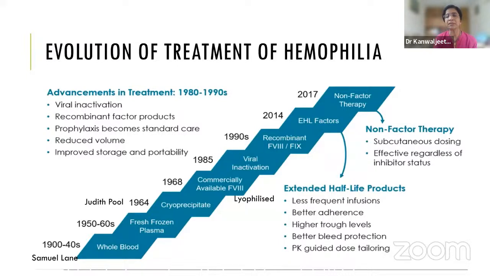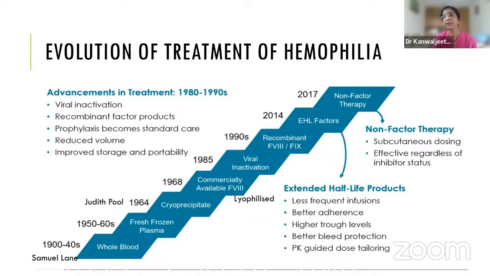But there was a drawback: a higher risk of HIV infection. In order to counter that, viral inactivation of this commercially available product was started, and that, along with the recombinant factor products, has revolutionized the treatment of hemophilia A and B.